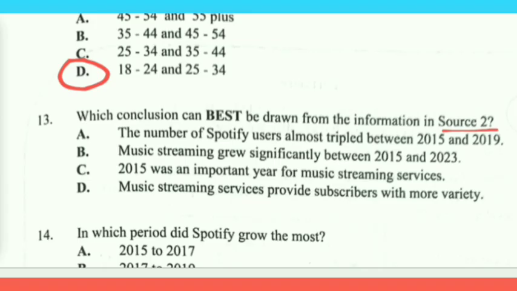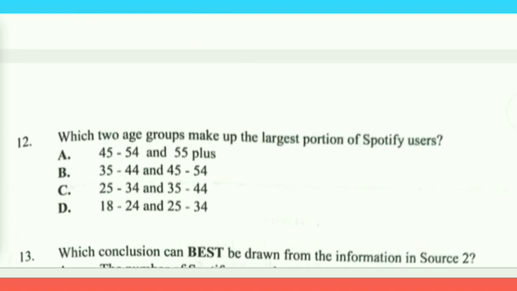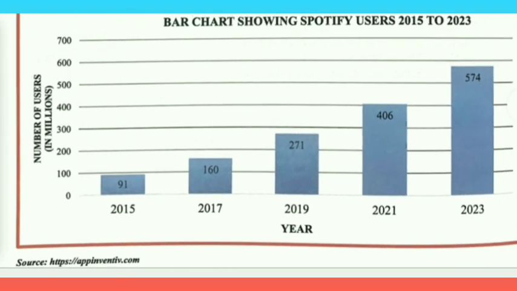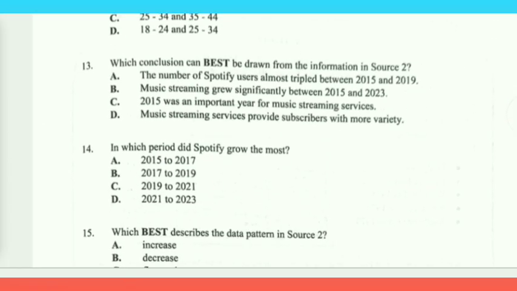C says 2015 was an important year for music streaming services. And D says music streaming services provide subscribers with more variety. All right, so let's look at number of Spotify users. That's A, almost tripled. Oh, not that. Let's scroll. Between 2015 and 2019, or 2023 it says.